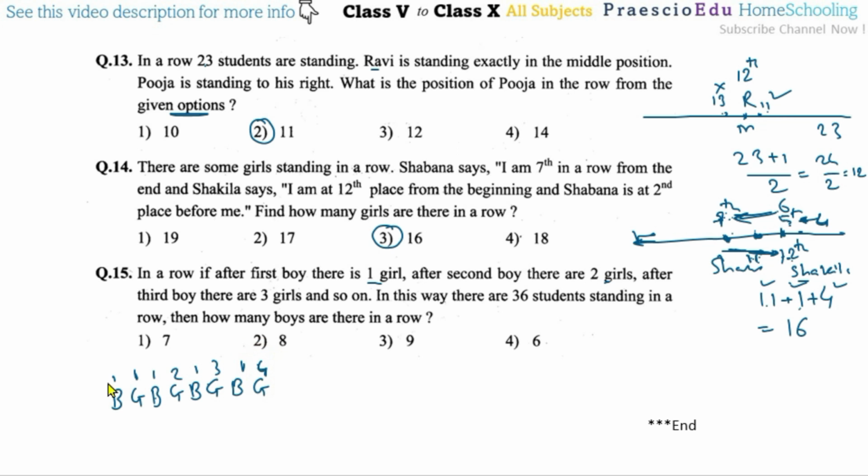I am mentioning the counting on the top because I am not making the complete lines. So then again the boy, so 1, and then girls are 5, means ascending order. So then 1 boy and girls are 6. Okay, then again 1 boy and then girls are 7, and again one boy and girls are 8.